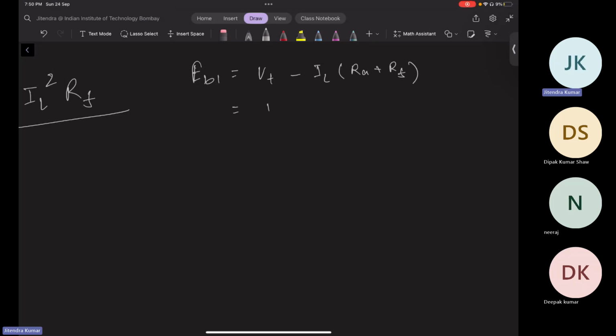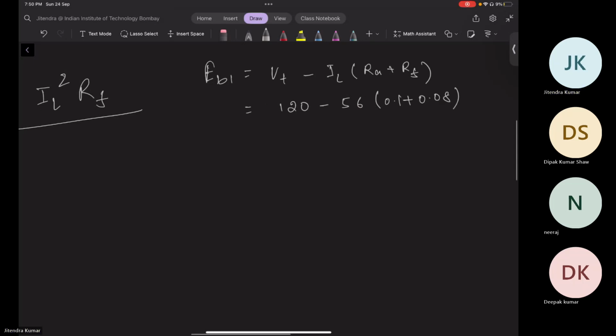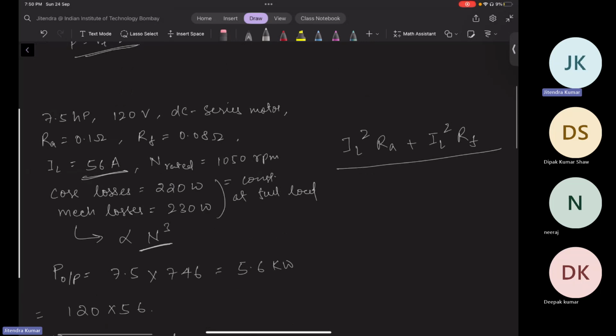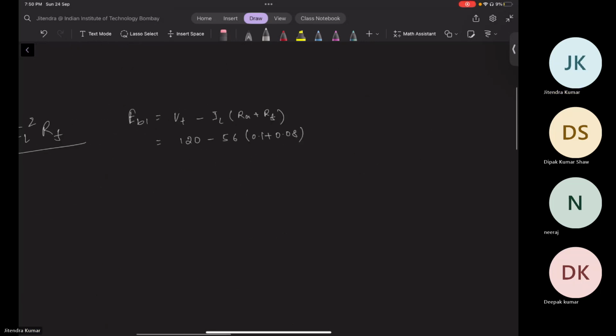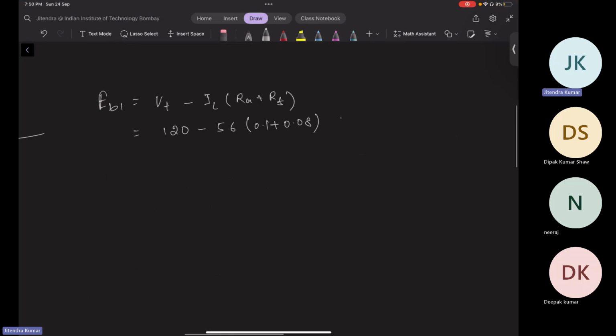So VT is given as 120 volt. IL was 56 amps. RA is 0.1 plus 0.08. Yes, 0.08 plus 0.1. So it will lead to one value. Please calculate it for me. Another will be EB2 for this particular case. 109.92 volt.